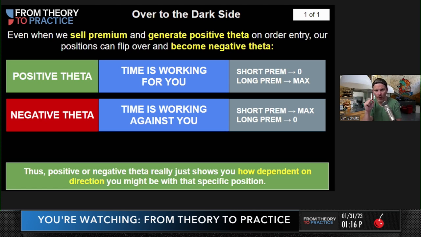Theta is going to give you a really nice sized clue to help answer that question. Am I really dependent on direction? Then you're very likely going to be in a negative theta situation. Am I maybe not so dependent on direction? Do I not really need a directional move to bring this position back or get it into a good spot? Then I'm very likely going to be positive theta in that position.